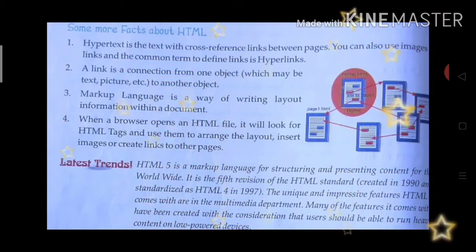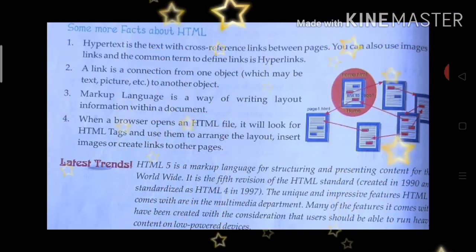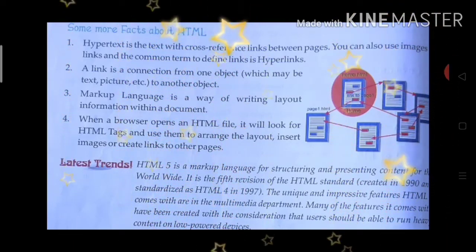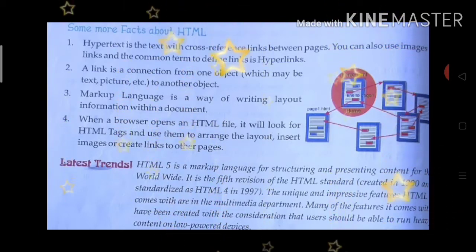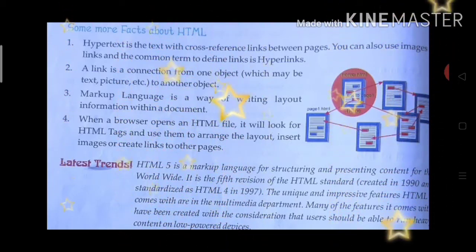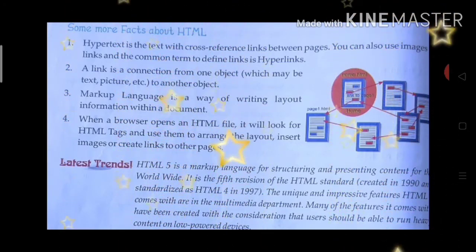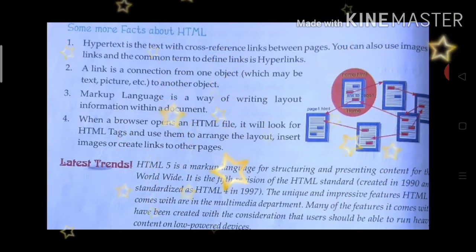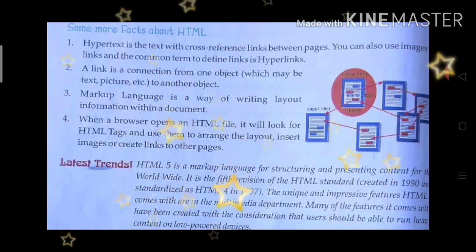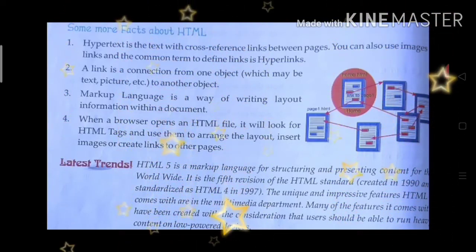Latest trends. HTML5 is a markup language for structuring and presenting content for the World Wide Web. It is the fifth revision of the HTML standard created in 1990, standardized as HTML4 in 1997.